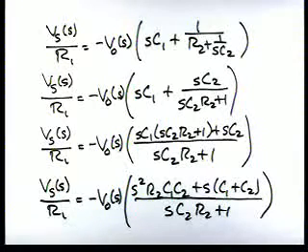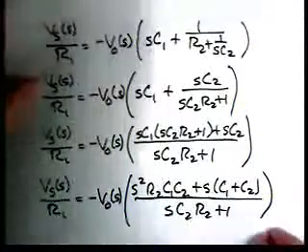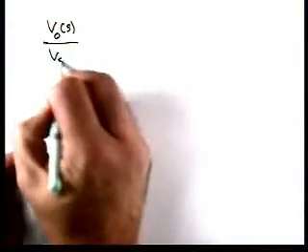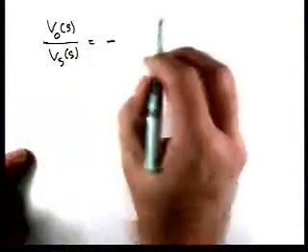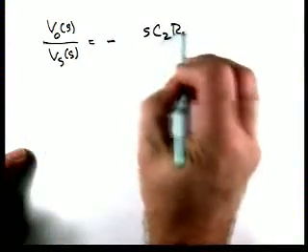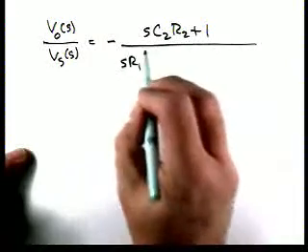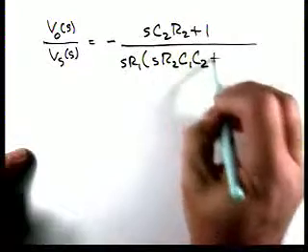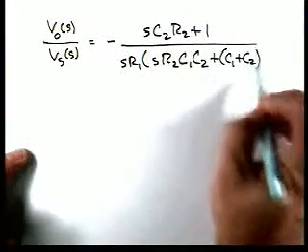Now we're trying to get V0 over Vs. Okay, so if we solve this for V0 over Vs, we have minus S C2 R2 plus 1 over S R1 times S R2 C1 C2 plus C1 plus C2.